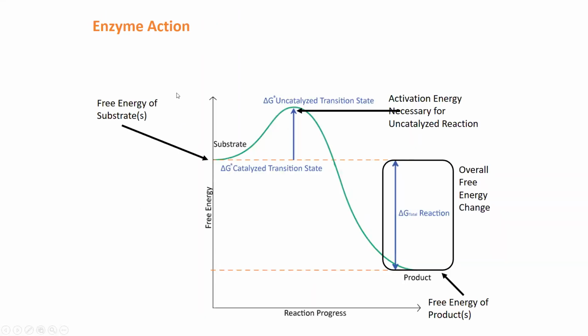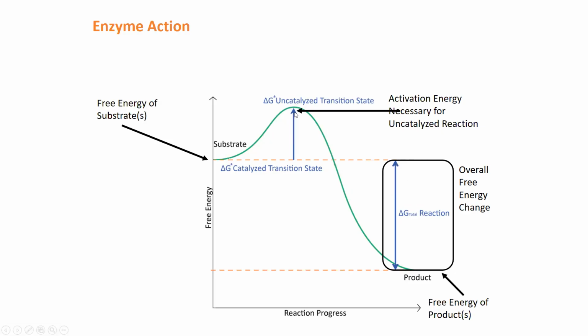It's very interesting to know that if we want to go from substrate to product, there is an activation energy barrier that we have to go up, like a hill, like a mountain. So the enzyme will catalyze the reaction by decreasing the activation energy barrier. It does not affect the overall free energy.